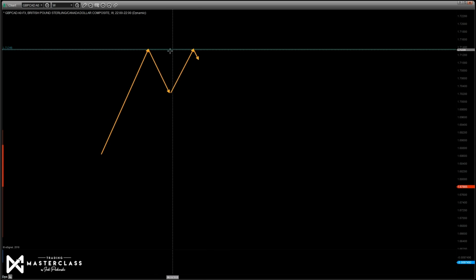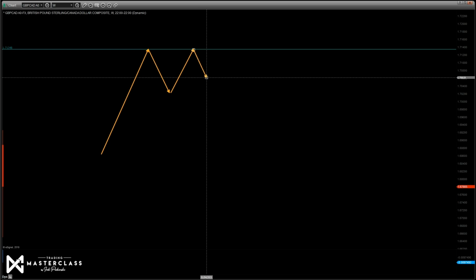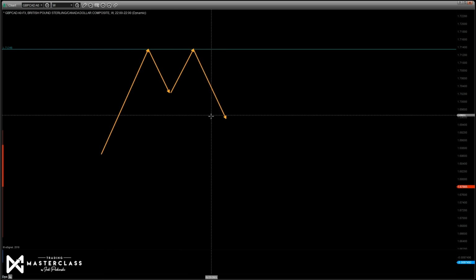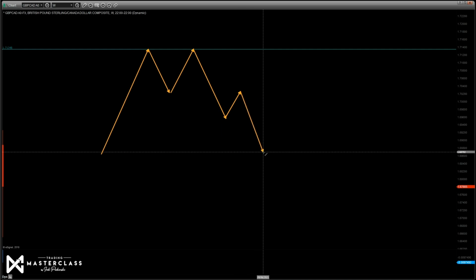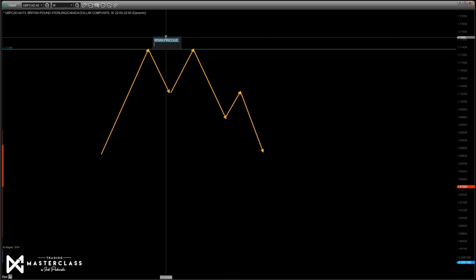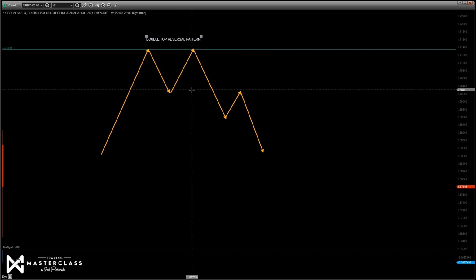So this is a double top pattern. What you would want from this is that it continues all the way down and starts a new trend. So this is a double top reversal pattern. There it is, double top reversal pattern. That's what this is.